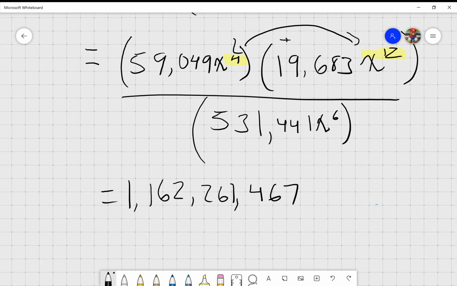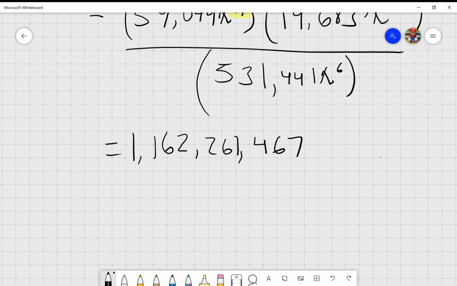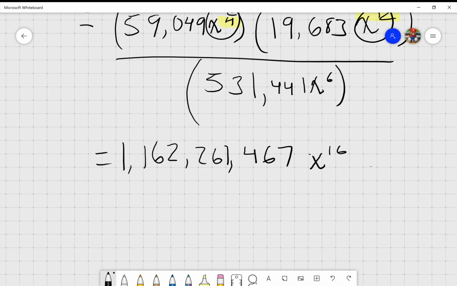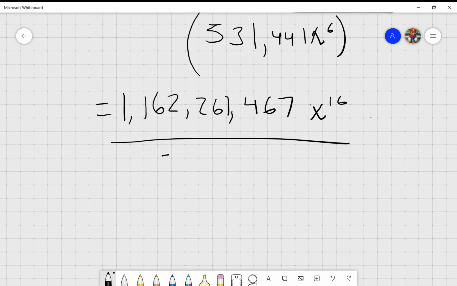Okay, I'm saying this number wrong. So basically, 1,162,261,467 is the number we should end up with. x to the power of 16, as we should add these two exponents together, all over 531,441 x to the power of 6.